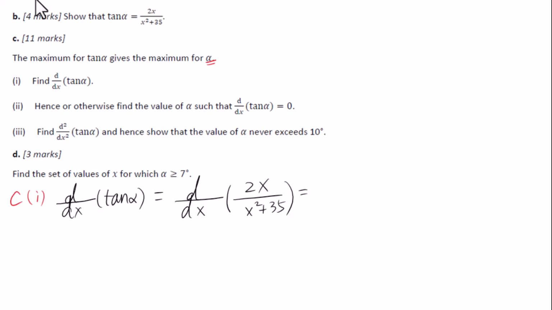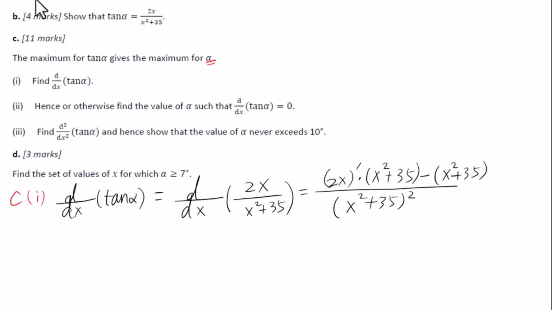We will use the quotient rule. Denominator squared, then 2x prime times x squared plus 35 minus x squared plus 35 prime times 2x.